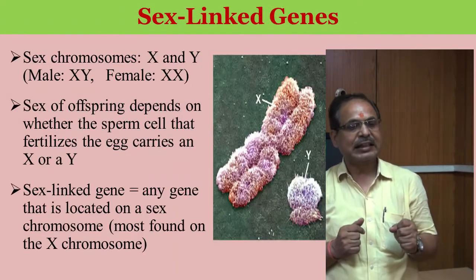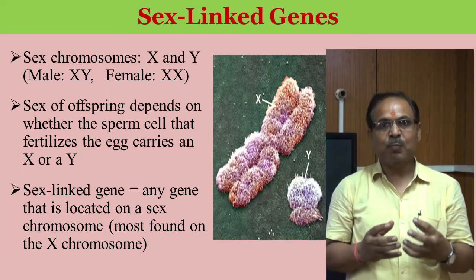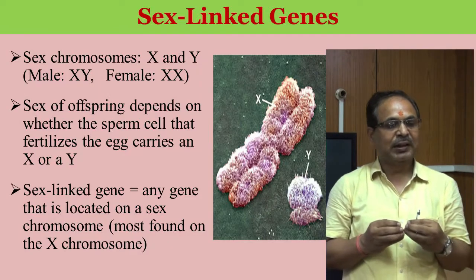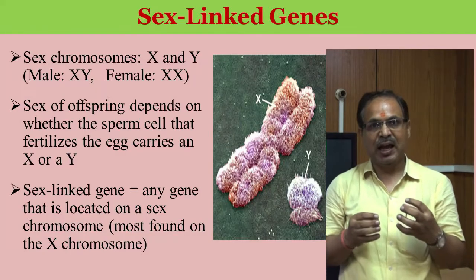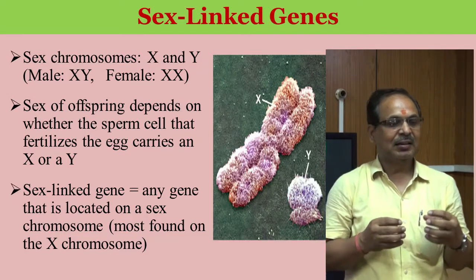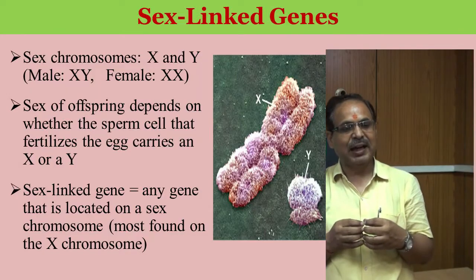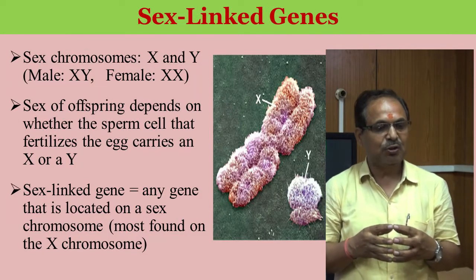We know that sex-linked genes are present on the sex chromosome. If the sex determination system is XX female and XY male, the male has XY chromosomes and the female has XX chromosomes.